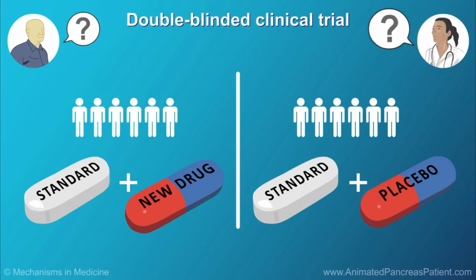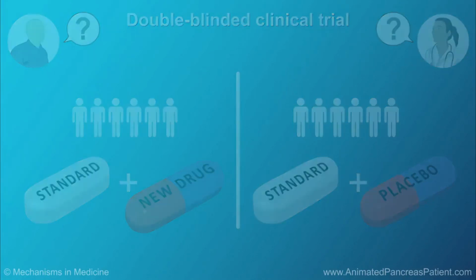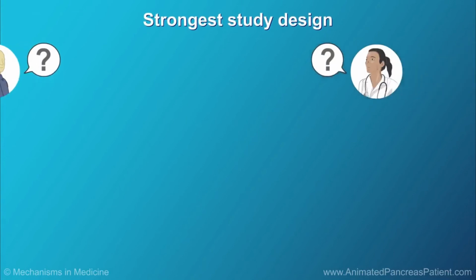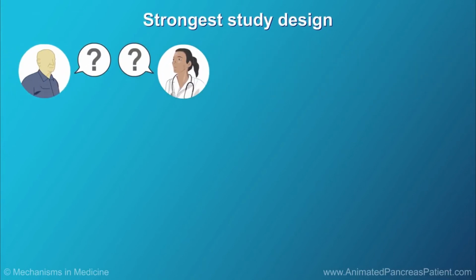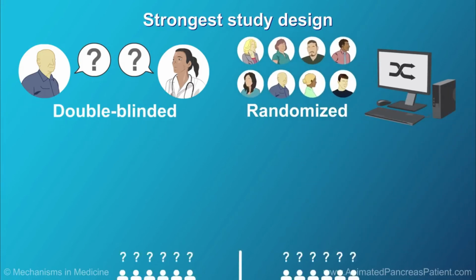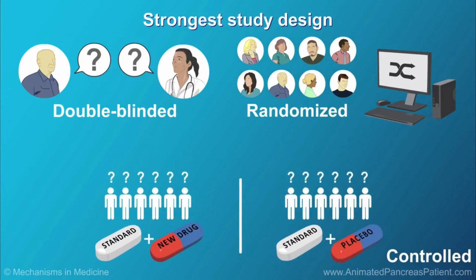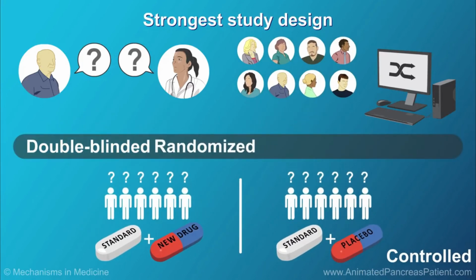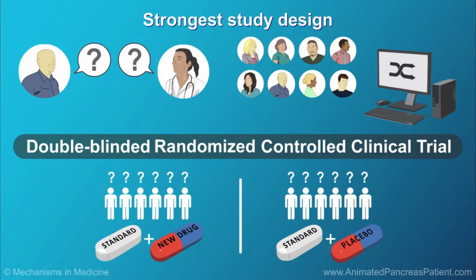Double-blinded means that both the researchers and the patients do not know which patients have been assigned to which treatment. The strongest, most reliable results come from clinical trials in which the treatment is double-blinded, the patients are randomized, and the study has a control group. This is called a double-blinded, randomized, controlled clinical trial.